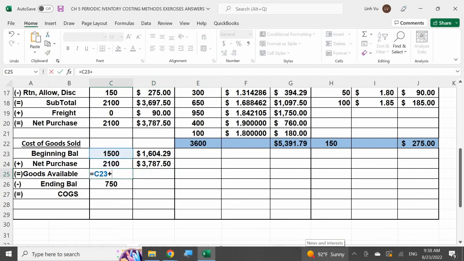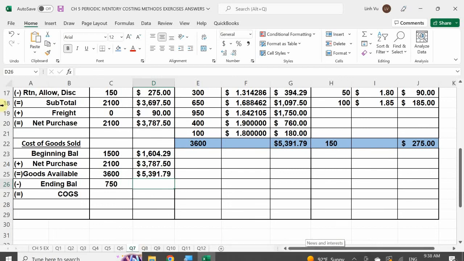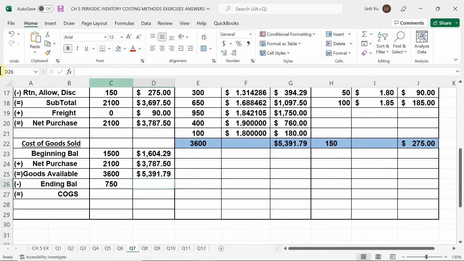And what we're going to do is simply add them up together. So again, 15 plus 21 gives you 36. We add these two up together. You get a grand total of $5,391.70, which matches your goods available.